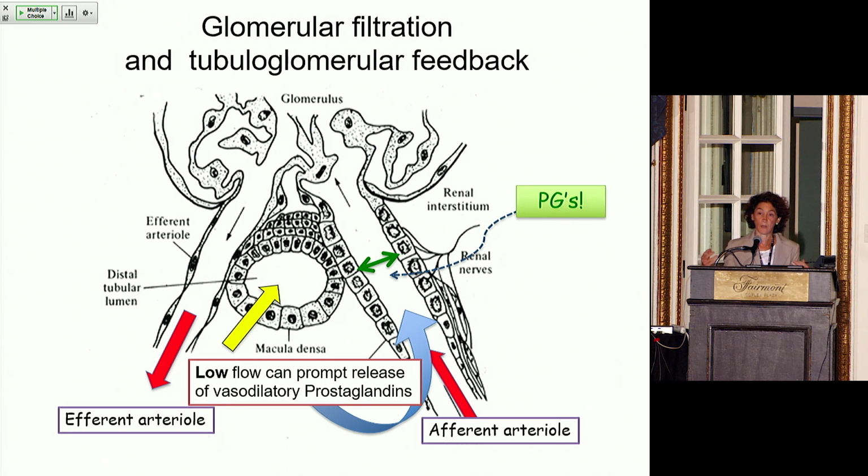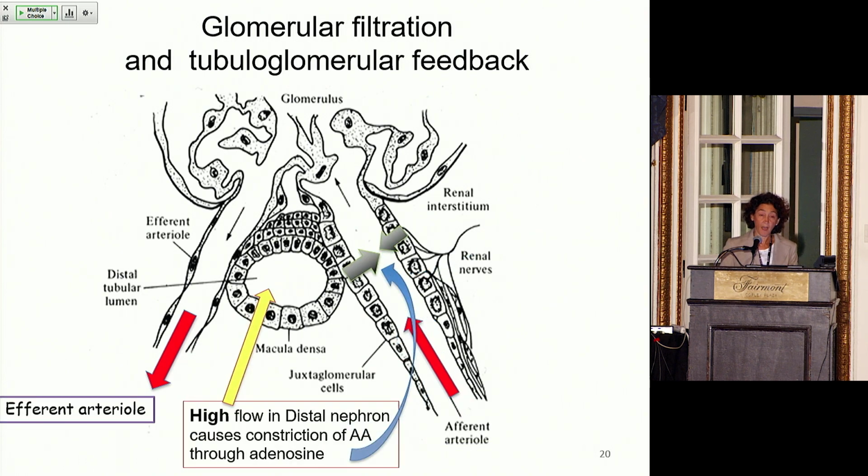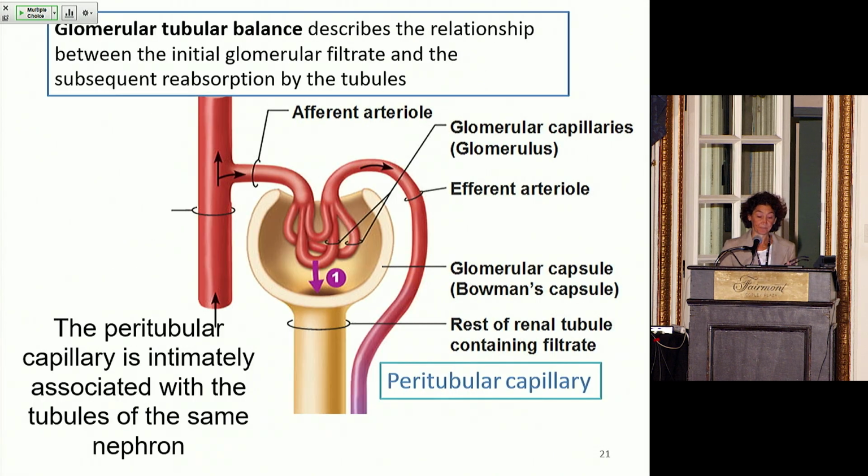So that is what we propose is the cause of toxicity, perhaps with diclofenac. And then high flow can also cause something important. High flow can lead to vasoconstriction of the afferent arteriole, and that may be important in the SGLT2 story. I'll tell you in a minute.